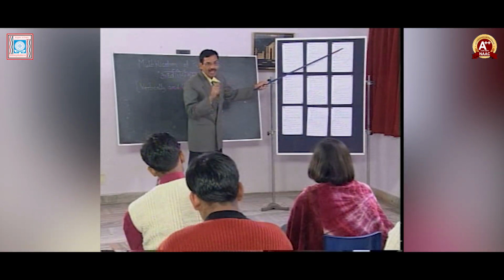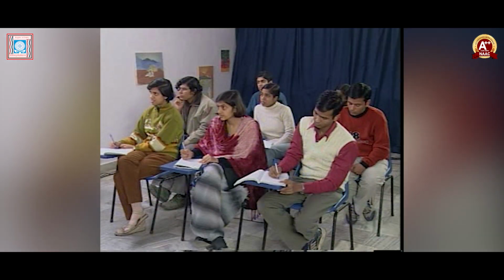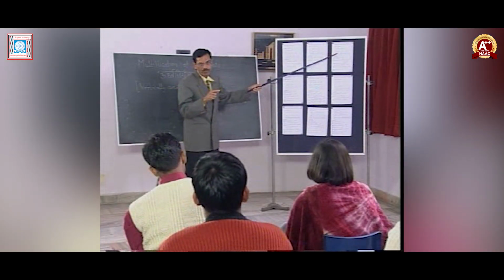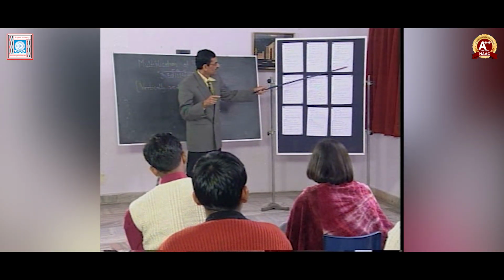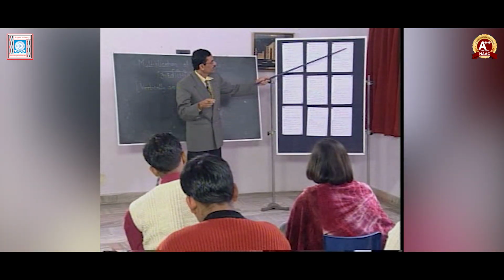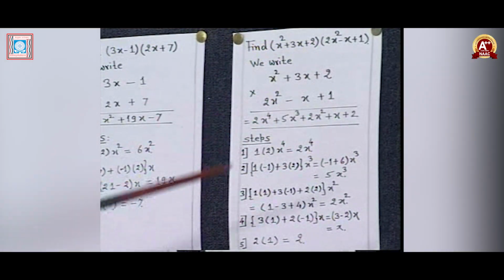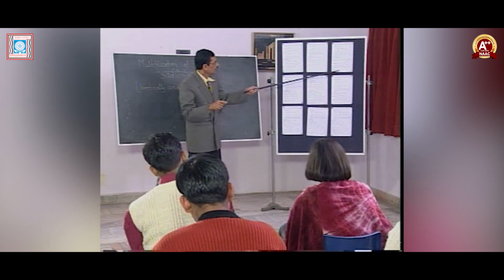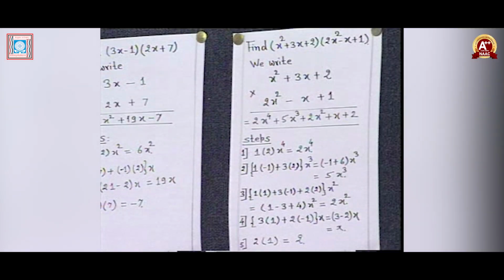Coefficient of that term will be x, because we are considering 3x into 1, 2 into minus 1. So answer is only x, 3 minus 2 x. And the last is vertical multiplication of 2 into 1, that is 2. So final answer 2x to the power 4 plus 5x cube plus 2x square plus x plus 2.